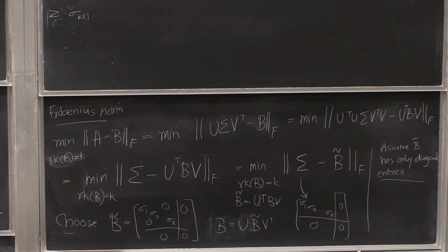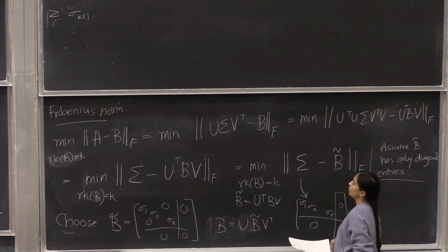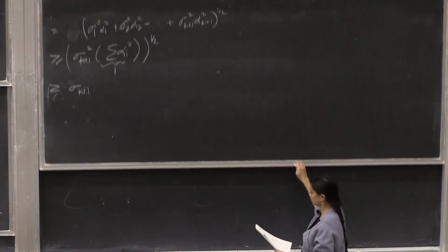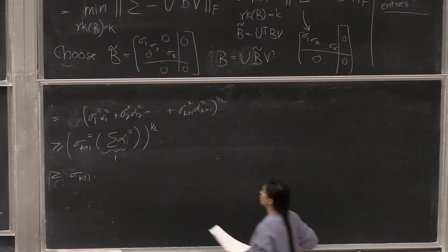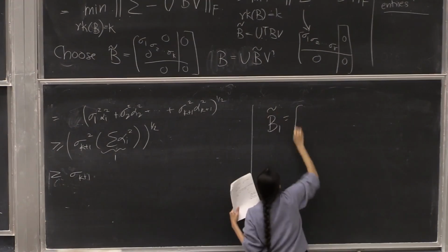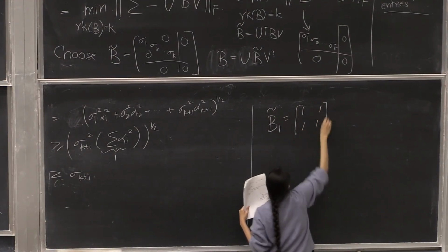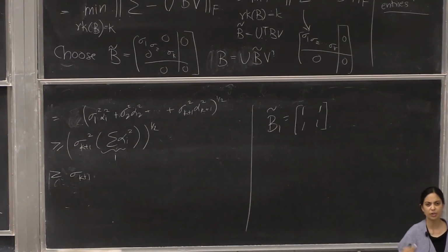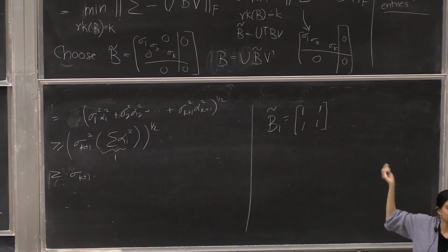Because if I was taking a general matrix, then yes. But now I have this rank k constraint, right? So for example, consider the matrix b1 twiddle with 1, 1, 1, 1. And what I want to do is basically say, oh, let's remove the non-diagonal entries because they're only harming my norm, right?